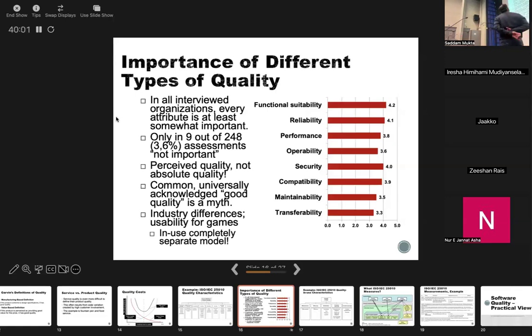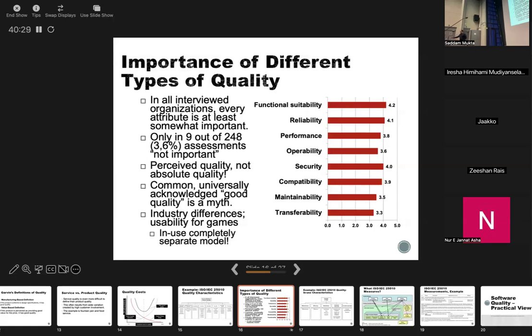There is one finding that the importance of different software qualities could be different. This finding says functional suitability has the highest weight in terms of software quality.